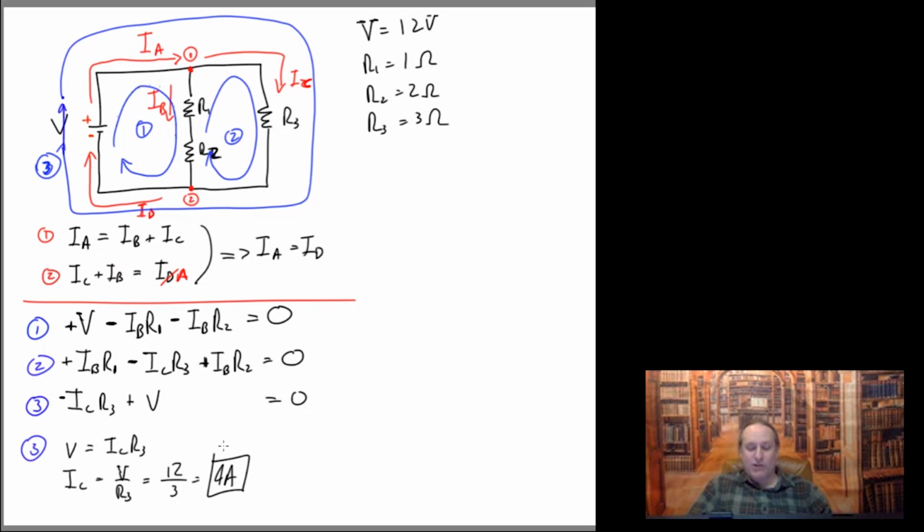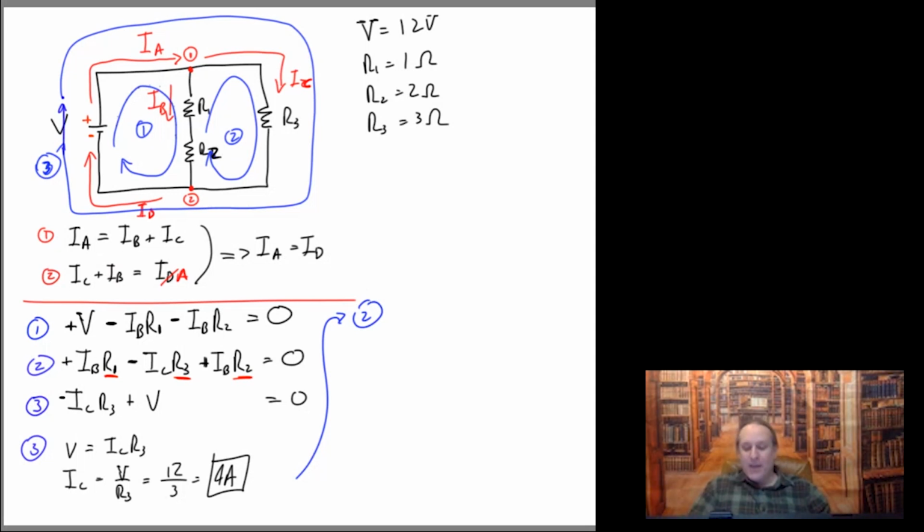If I look back at equation 2, I see there are only 2 unknowns, and those unknowns are IB and IC. Keep in mind, we know all of the resistances, right? So we know R2 and R3 and R1. So the only unknowns are IB and IC, and so we could just go into that equation.